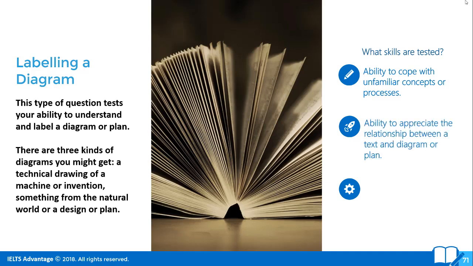Ability to appreciate the relationship between a text and diagram or plan, and testing your ability to locate the correct part of the text that contains the relevant or pertinent information. So really what they're doing is look at the diagram, understand that, locate where the correct answer is, then read the text, and then match up with the diagram or the plan.